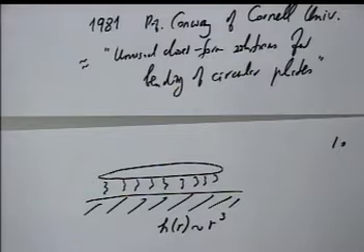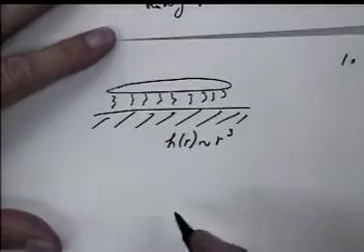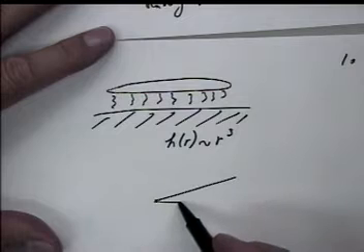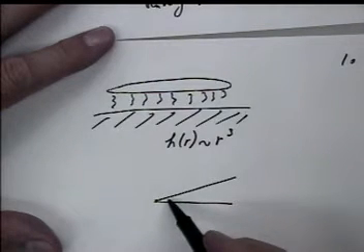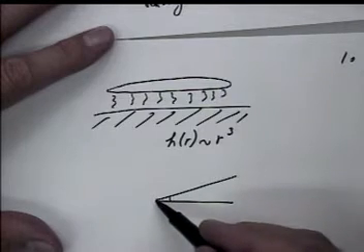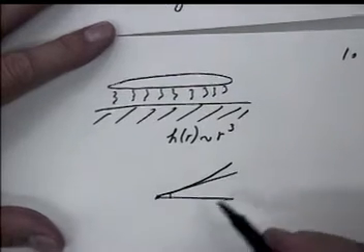If thickness is variable, the plate is like this. When you go outward, thickness becomes bigger and bigger. Actually, it's not straight, something like that.